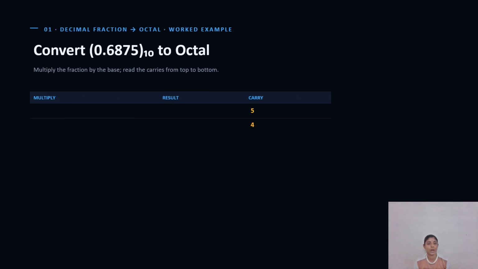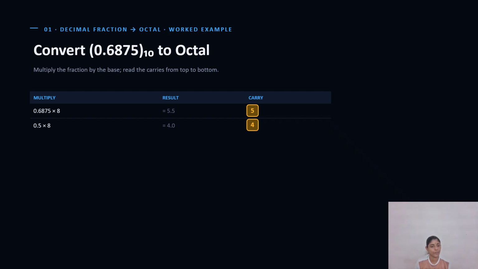This is a conversion of decimal to binary. Next, you have to do decimal to octal. Again the procedure is the same. This decimal fraction should be multiplied by 8 because the base of octal is 8. So 0.6875 into 8, the result is 5.5. Take the carry or integer part, 5, into consideration, and the fraction part is 0.5.